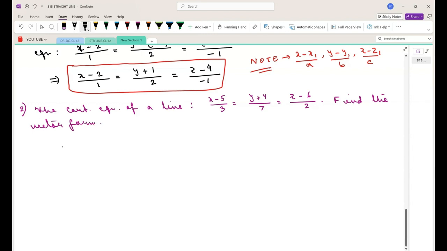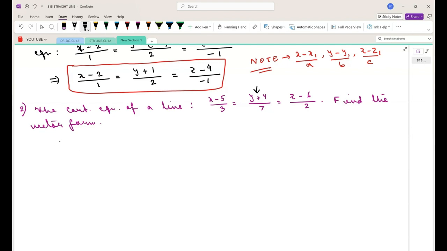That's the sum. Now, first look that your Cartesian form is not exactly given in the standard form. So you must first write it in the standard form. Unless you write it in the standard form, you won't get the correct values of x1, y1, z1 and a, b, c.